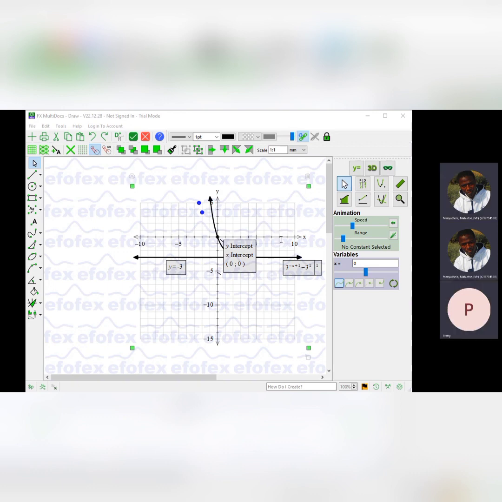That is what it means. Next, we're going to take -3 and transpose it to the right hand side. It is negative on the left hand side; when it goes to the right hand side, it becomes positive.